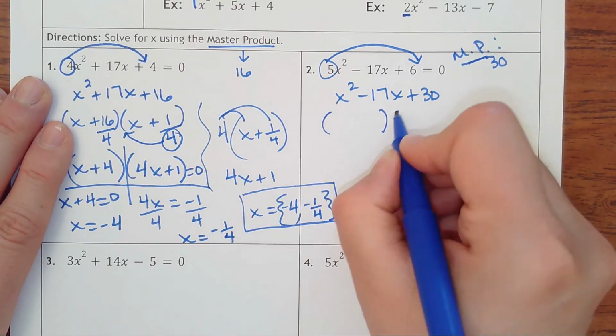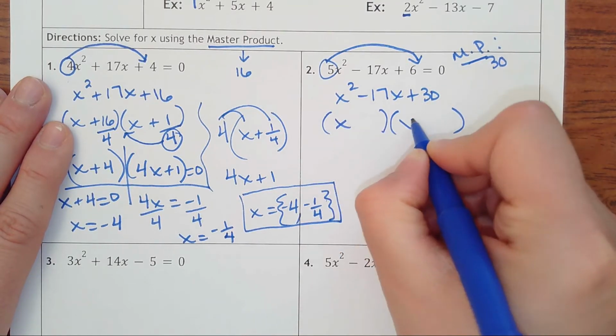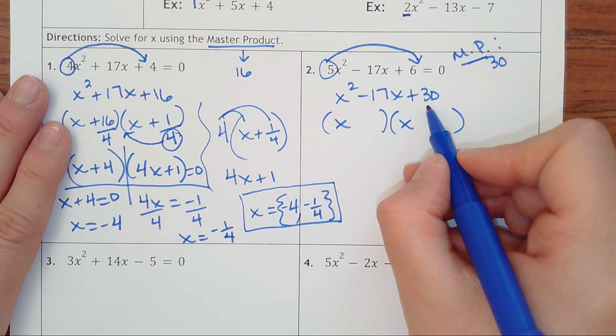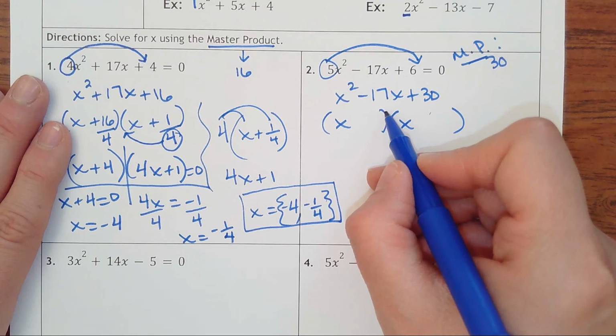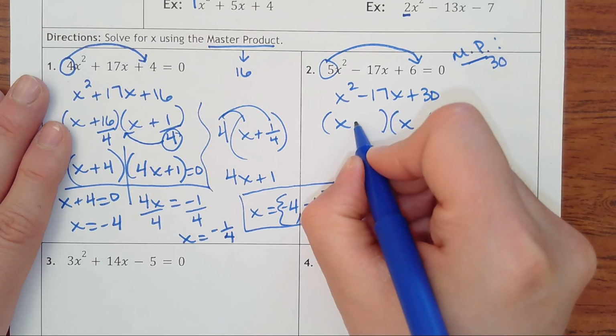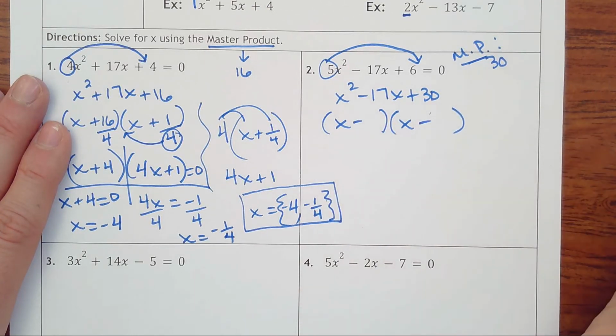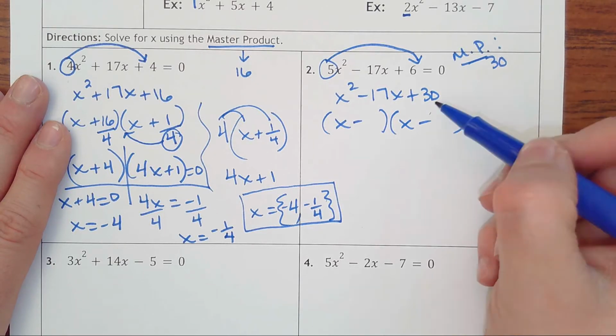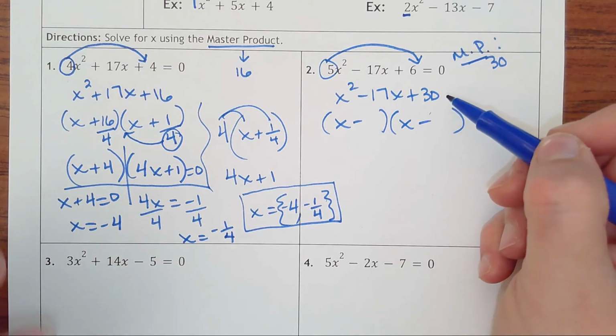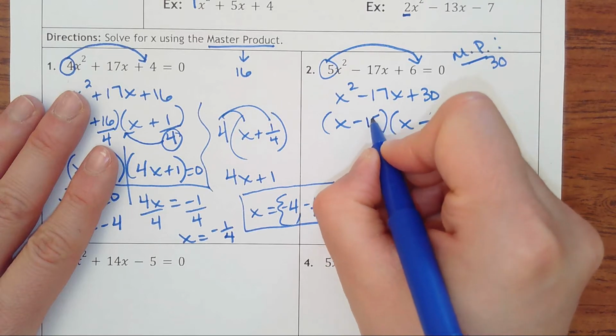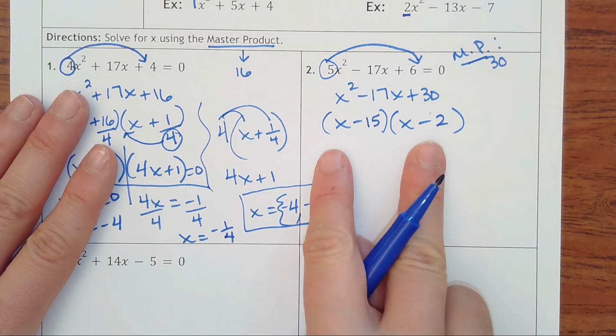Then I make 2 parentheses. I know I had to start with x times x. I'm trying to multiply to make 30 and add to make negative 17. If I'm multiplying to get a positive but adding to get a negative, I need both negatives. So then I'm thinking what will add to make 17. It would be 15 and 2.